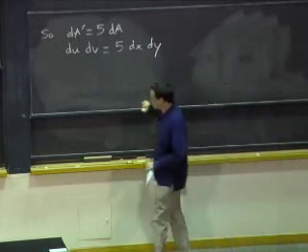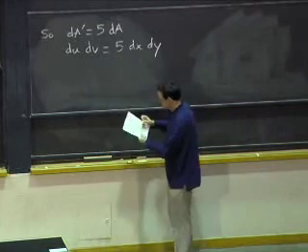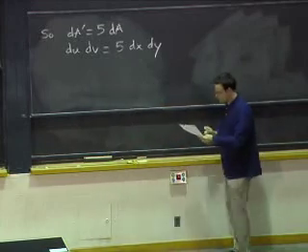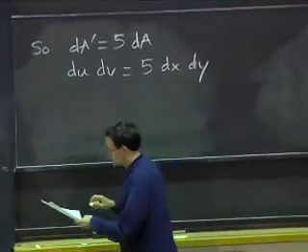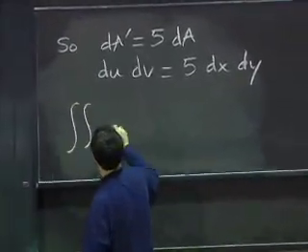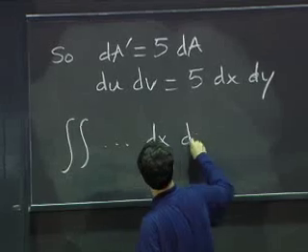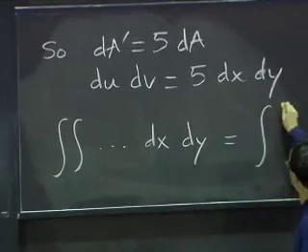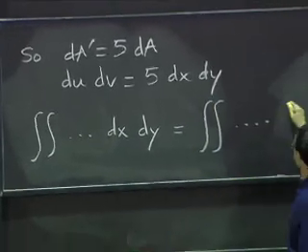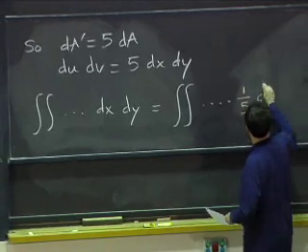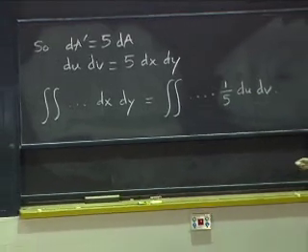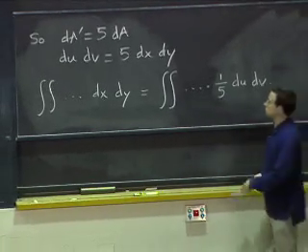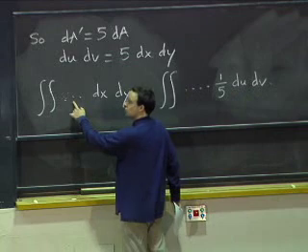So, yeah, we've said our transformation multiplies areas by 5. And so du dv is 5 times dx dy. So if I'm integrating some function dx dy, then when I switch to UV coordinates, I will have to replace that by 1/5 du dv. Okay? And of course, my function would probably involve x and y.